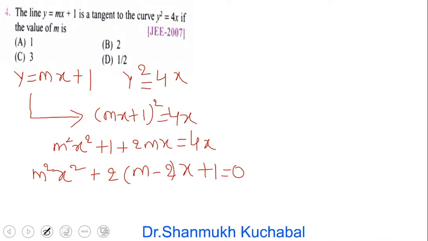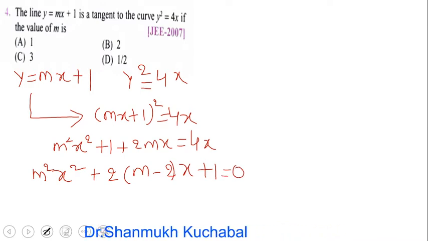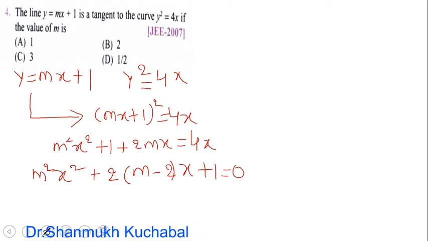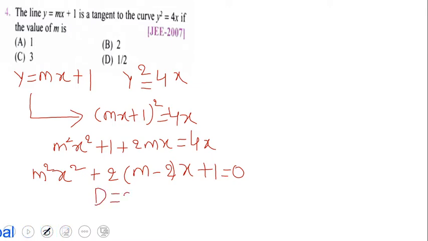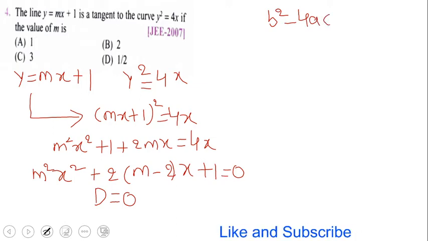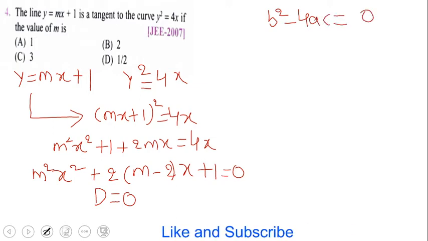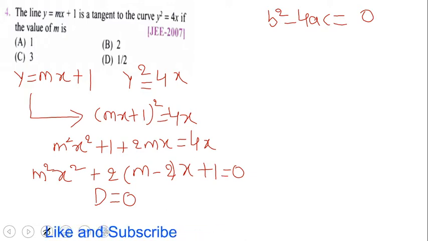So I have collected x square as the first term, x as the second term, constant as the third term. Further, we will find the discriminant. So I take D equal to 0 here. The discriminant is b square minus 4ac equal to 0. Here b is 2 into (m minus 2), a is m square, and c is 1.